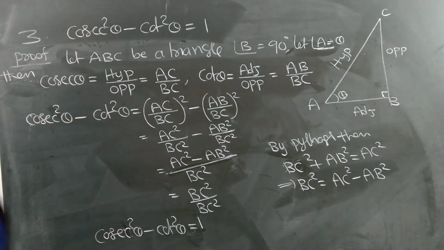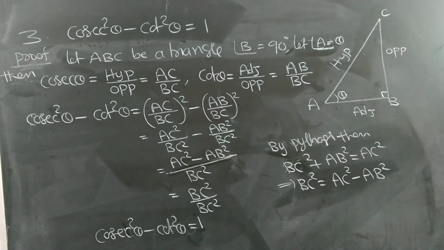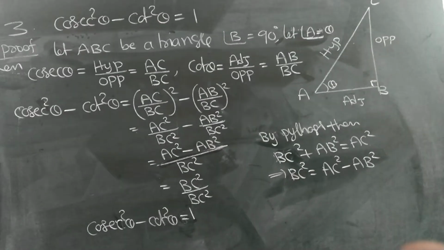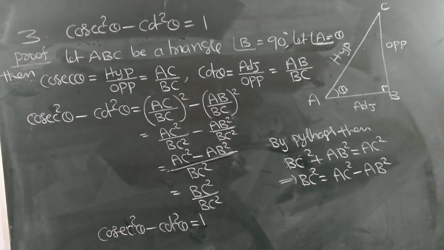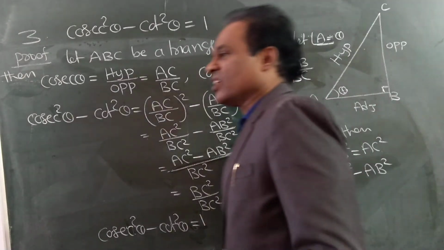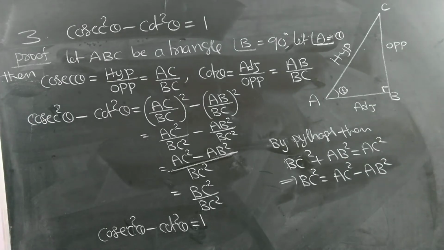Write down this third identity. Three identities are over. Students, write it neatly with all steps and draw the triangle. Write down everything.